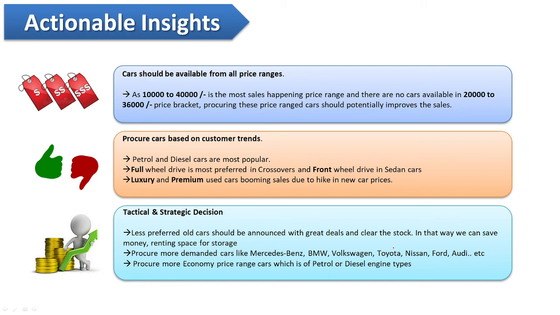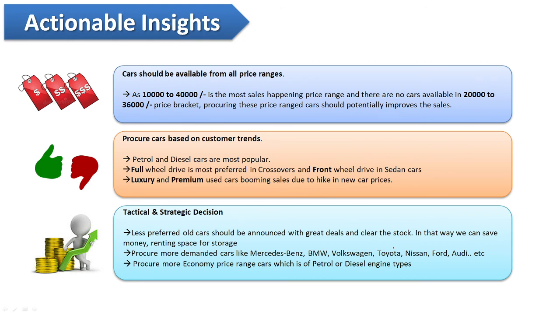Rather than keeping unpreferred car brands, it's better to maintain the demanded car brands and procure more economy price range cars, because in recent years they have completely lost the economy car sales.